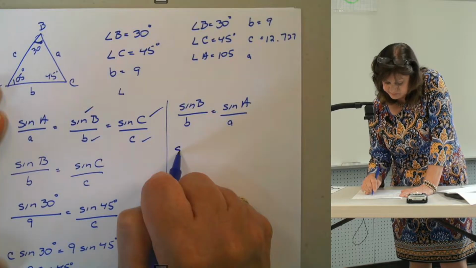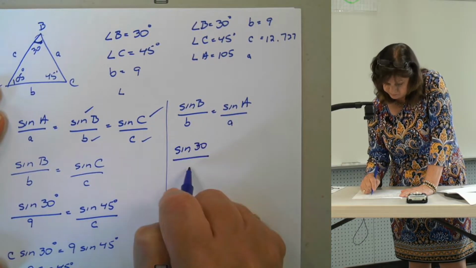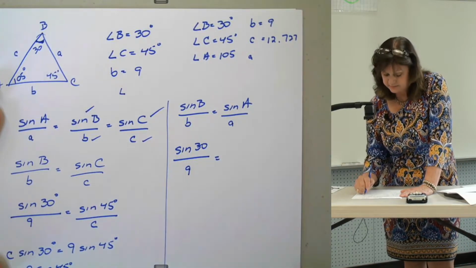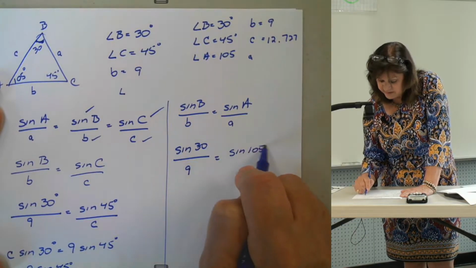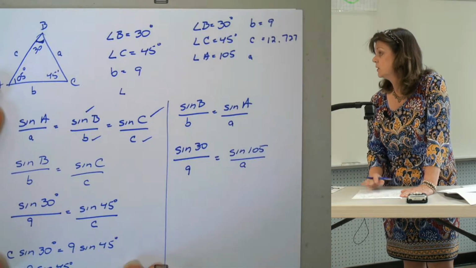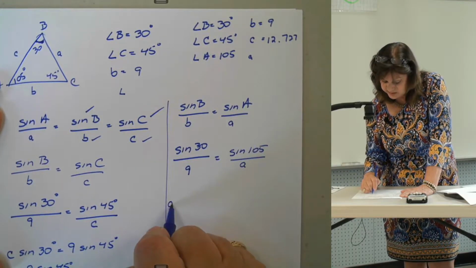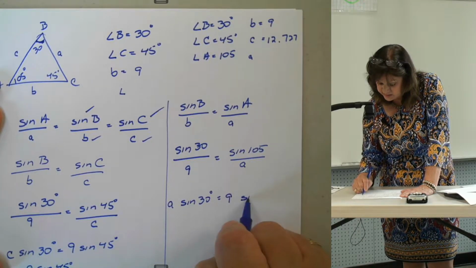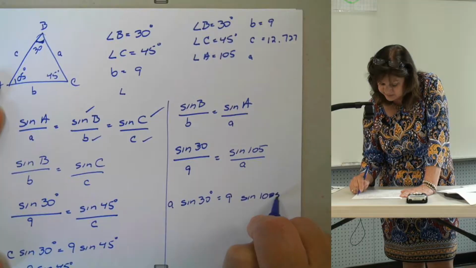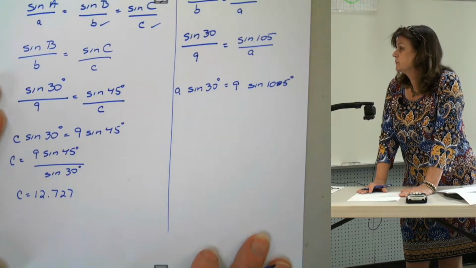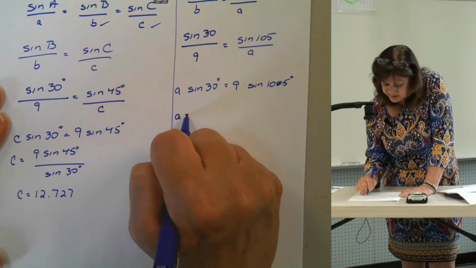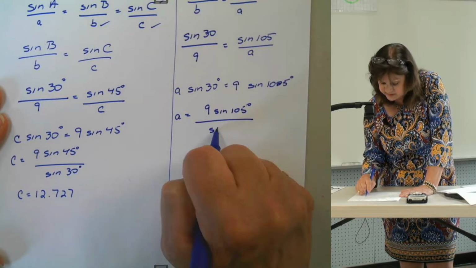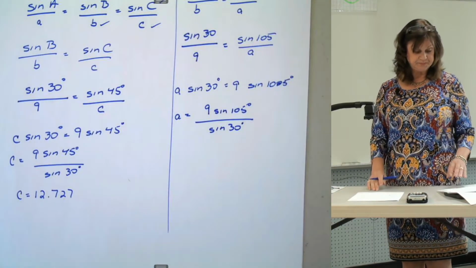I've got sine 30 over 9, and again, that was the given, so I'm just going to stick with using that, is sine 105 over A. We're going to cross multiply: the length of A times the sine of 30 degrees is 9 times the sine of 105 degrees, or A is 9 times the sine of 105 degrees divided by the sine of 30 degrees.